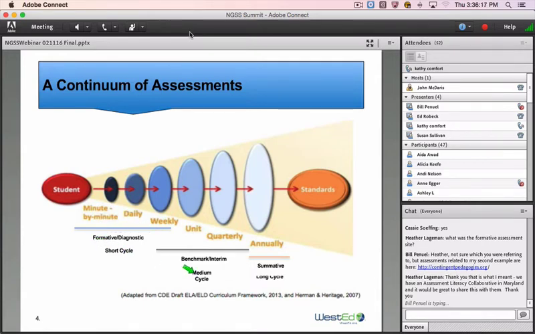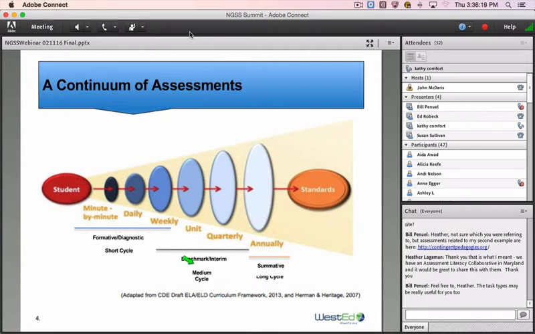In the medium cycle, or the benchmarks and the interim assessments, this is where we're starting to look at what's happening with the unit or what's happening quarterly. These are administered periodically throughout the year to measure a longer set of learning goals. And then at the end is the summative assessment, or the long cycle assessments. These are administered annually, and you're looking at a much longer period of learning.